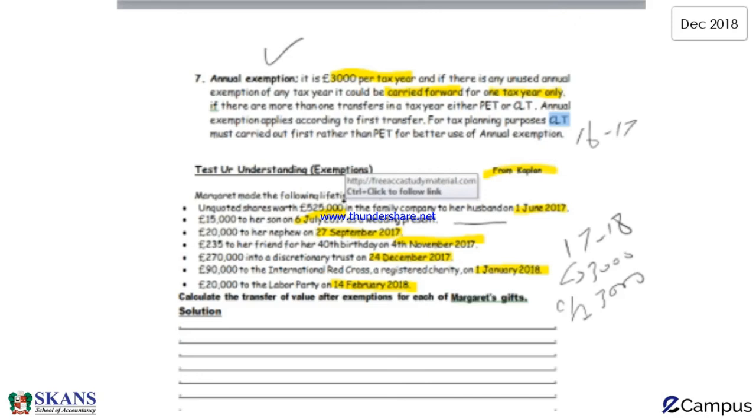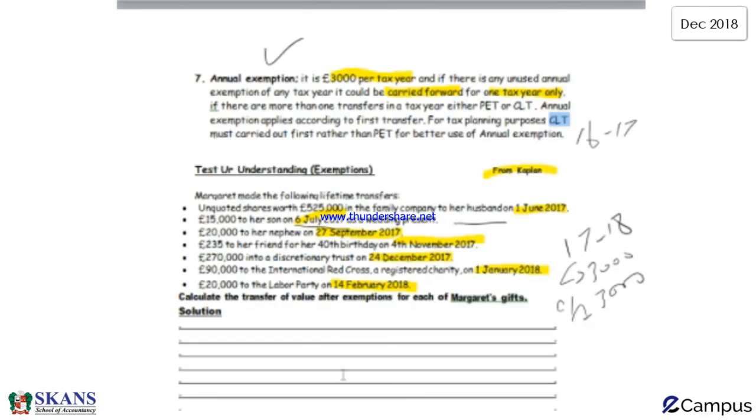Well, in that case, the first transfer which would have any IHT implications would be the one made on 6th of July 2017: 15,000 to her son as a wedding present. Now, if you want to know what the transfer value of this transfer would be, the transfer value is given actually.